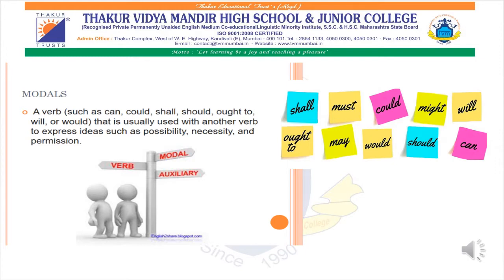The word modal means mood, which means often we see that the speaker has different attitudes. He has different suggestions to give, different advice to give to a particular person, and we see that the person uses different kinds of verbs in a particular sentence to deliver that message.